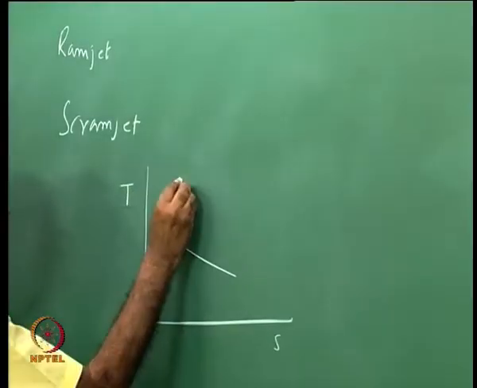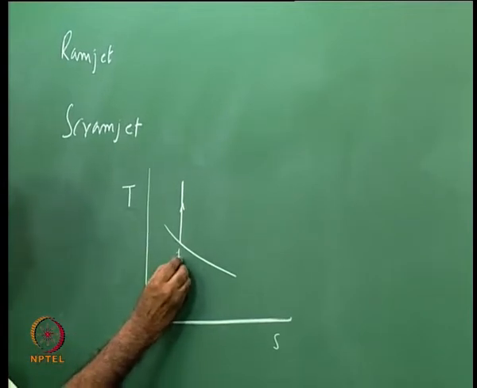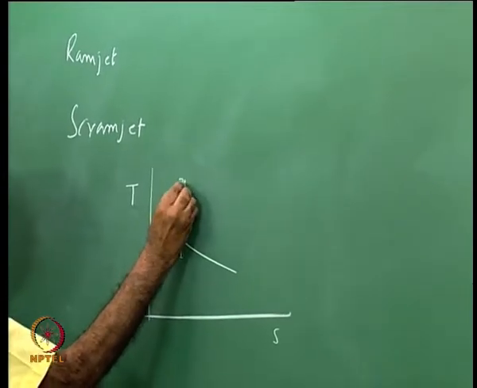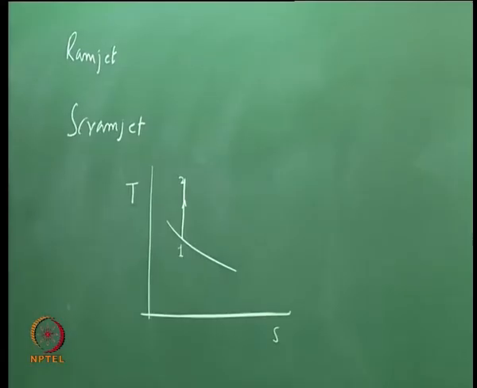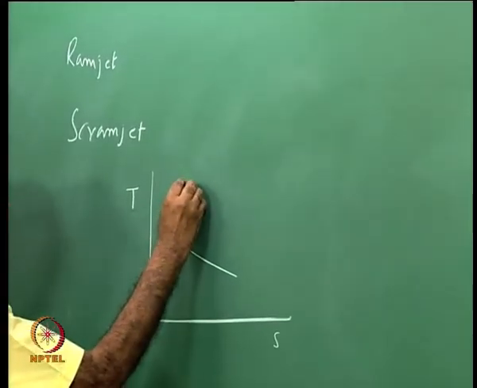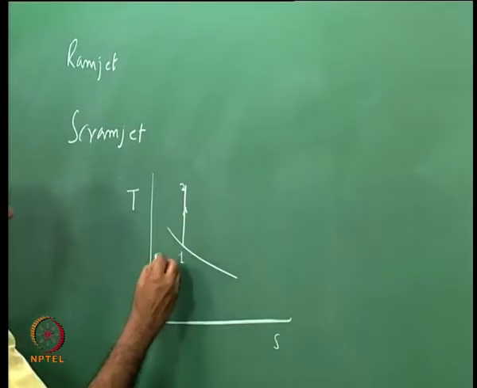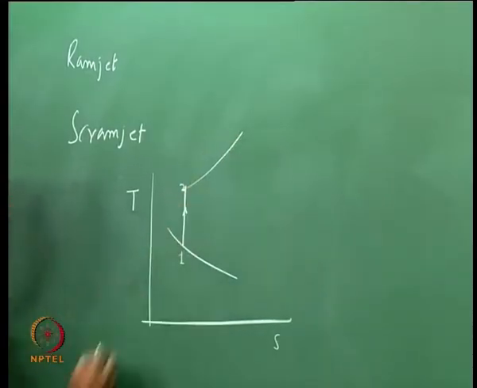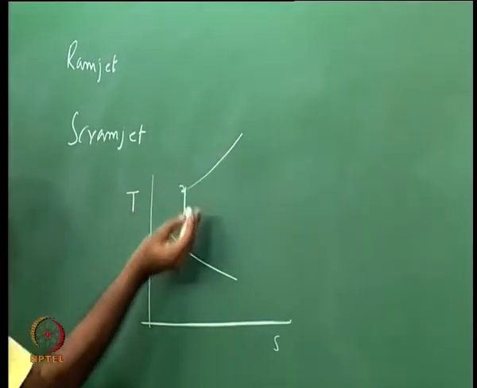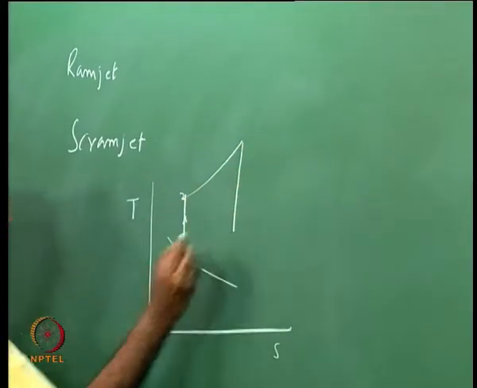Let us say an ideal condition, I isentropically compress the air from a temperature 1 to 2, isentropic compression. Then what do I do? I add heat at, let us say, constant pressure, and then I expand the gases again. Constant pressure heat addition could be like this, the constant pressure lines are like this, then I expand the gases again.